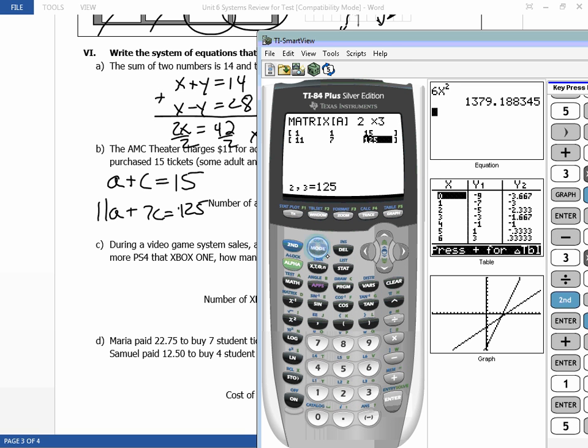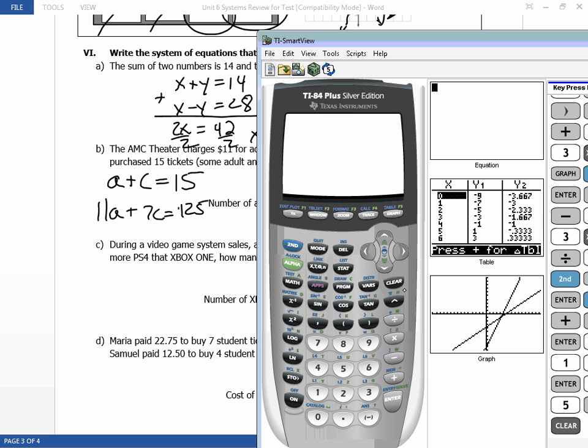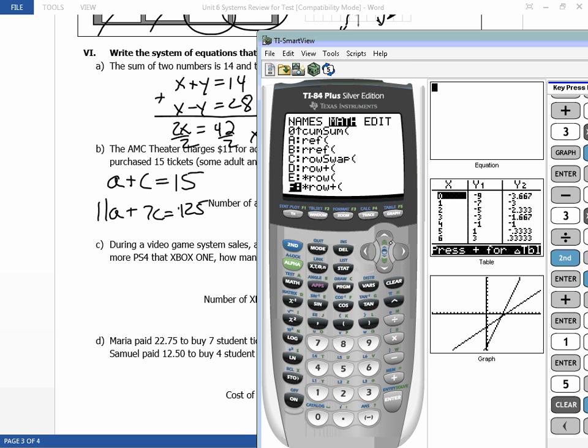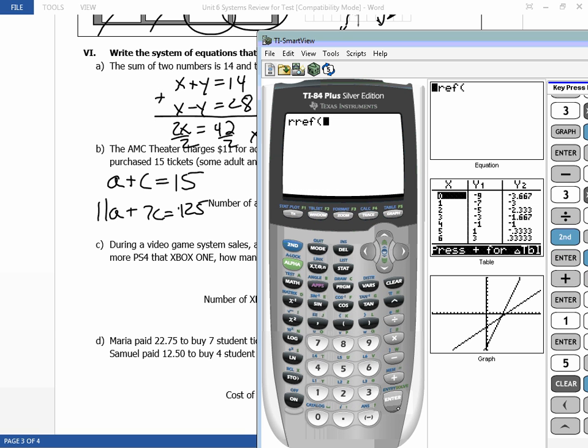And then you quit. And then we just go to matrices, math, and remember we do the RREF, which is the reduced row echelon form.